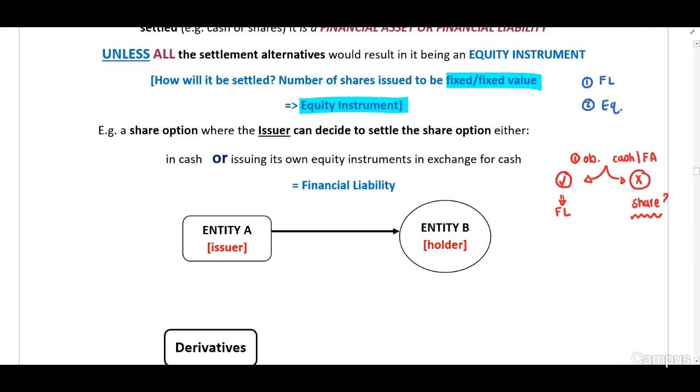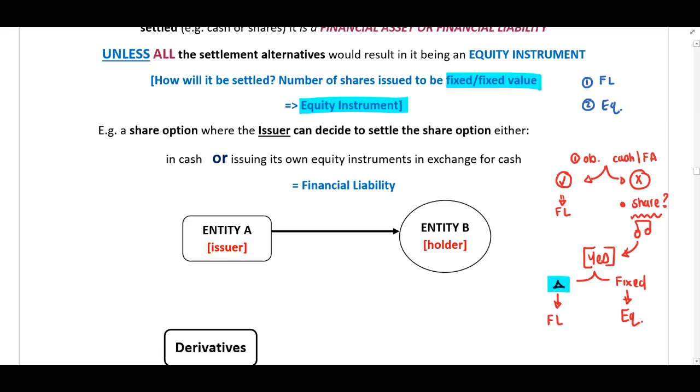Now I'm just including shares as a share is equity instruments. If your answer is yes, we need to identify if this will be variable or fixed. If it's variable, you need to know that this is a financial liability, and if it's fixed, this will be equity. Remember, guys, I make use of this triangle for variable.